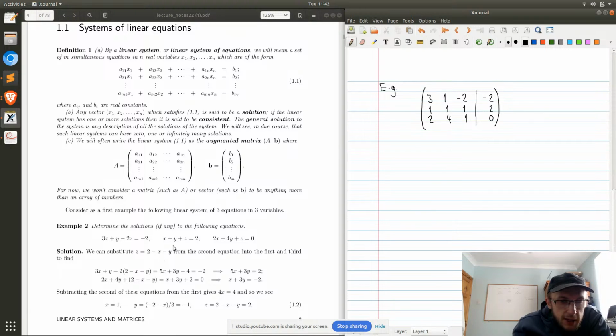Now, they've taken advantage of the fact that the coefficients of the second equation are very nice and palatable. There's 1. So they've said that z is equal to 2 take x take y. And they've used substitution, picking that up, a rearrangement of this, and placing it in equation 1, and then picking that up and placing it in equation 3.